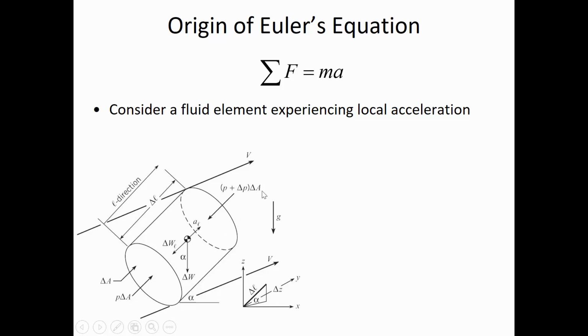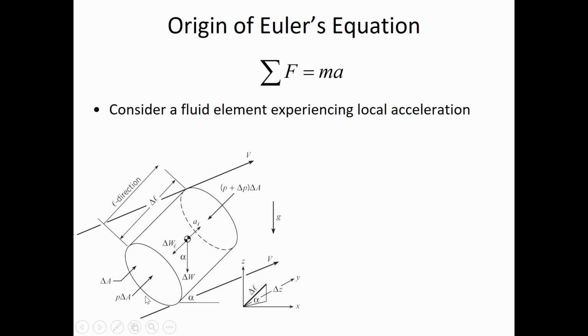And the delta A that they're talking about is just the cross-sectional area of that cylinder. So if we do a force balance and we consider the weight of this element of water and we consider the acceleration that it's experiencing, then we can account for the change in pressure by the acceleration that it's experiencing.